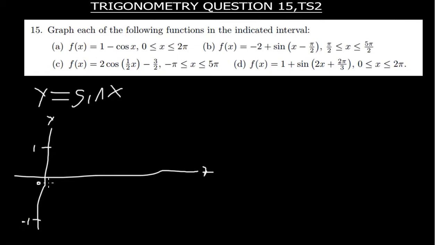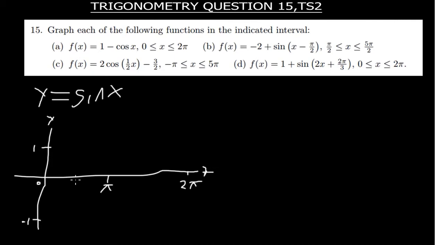I'll put pi there. Of course, when you're drawing these things, you're supposed to be using radians, and then 2 pi there. So 2 pi is just 360, and pi is equal to 180.